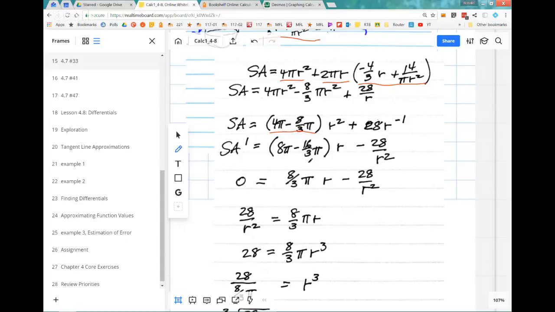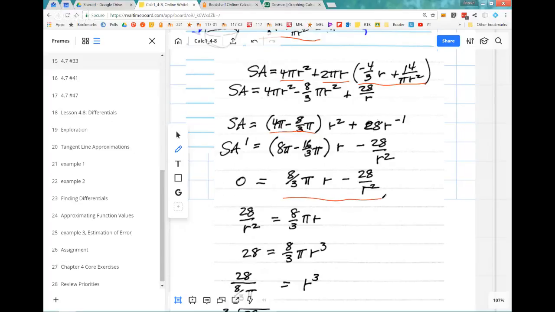So this is 8 pi minus what? 5 1/3 pi? So it's like 24 pi over 3 minus 16 pi over 3 is 8 pi over 3. Okay, so that's just a simplification.